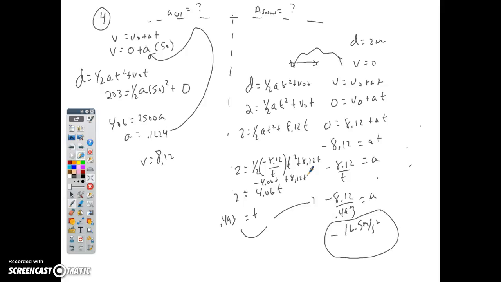But the t's cancel out, and then it's half of 8.12, which is 4.06. Negative 4.06 plus 8.12. Add those up, you get 4.06t. Okay? Feeling groovy? How about 5?